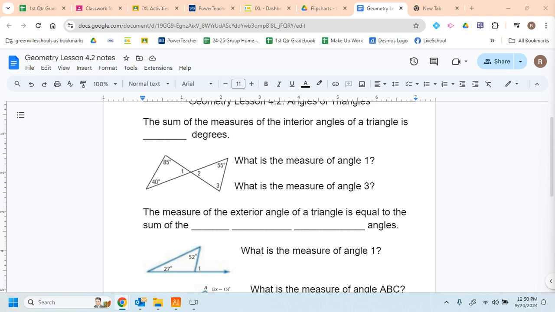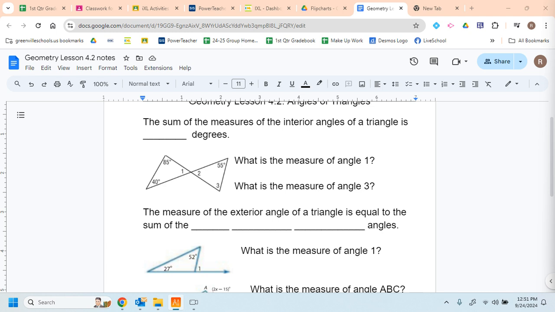If we zoom out, we see that x is equal to 56. But it says, what's the measure of ABC? Well, ABC is this angle right here. So this would be 56 minus 5, which is equal to 51.